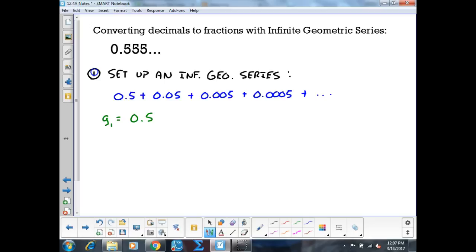What's my r value? Find an r value. Take the term and divide it by the term right before it. So any term divided by a term right before it. 0.1.